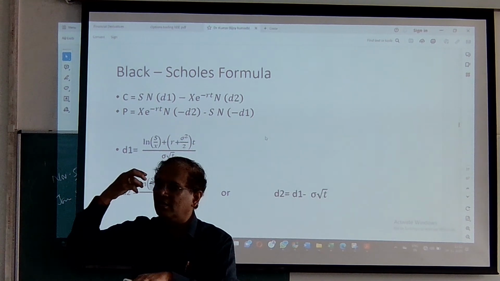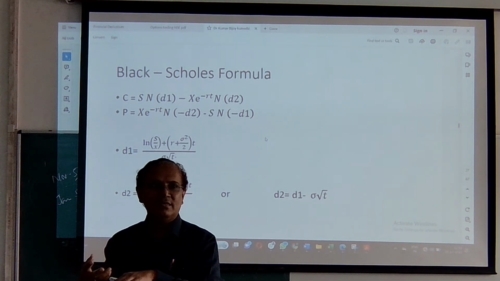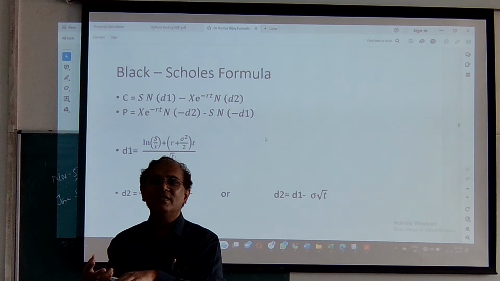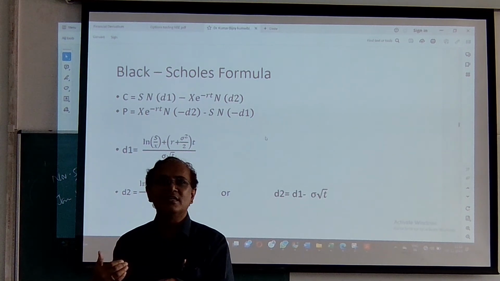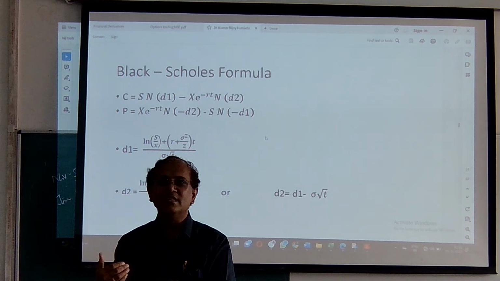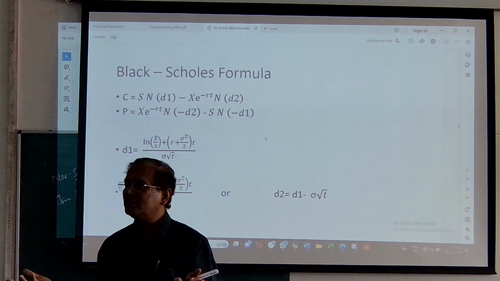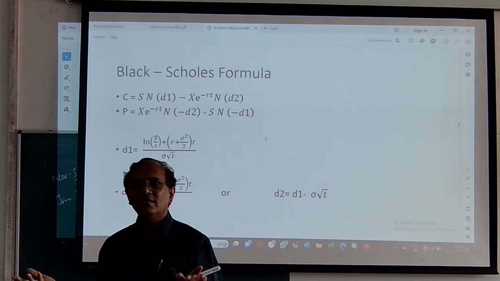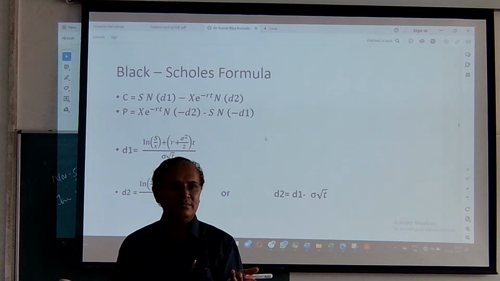Start looking inside the formula. It will give you a message how the market will behave. Then start asking yourself why the market is behaving like this. As time increases, volatility will increase. As rate increases, more return will be expected.